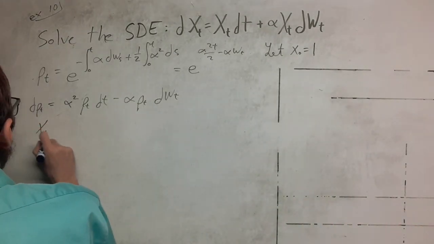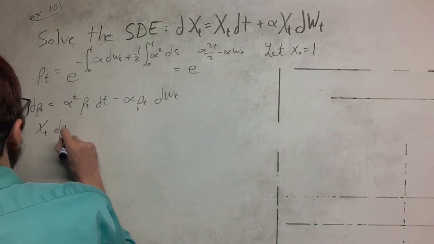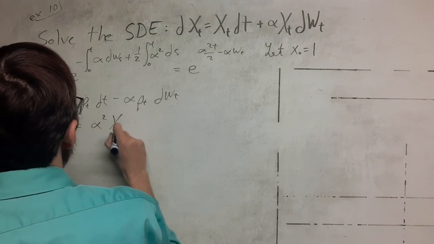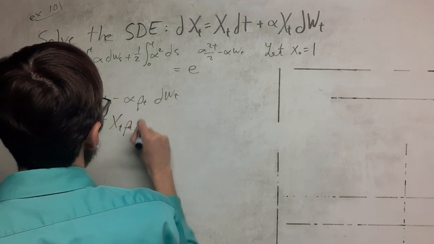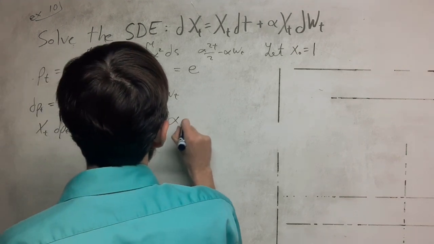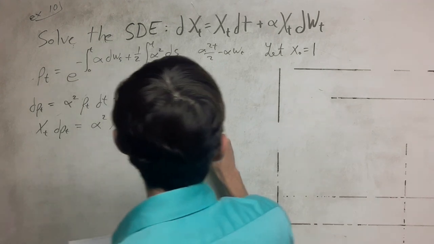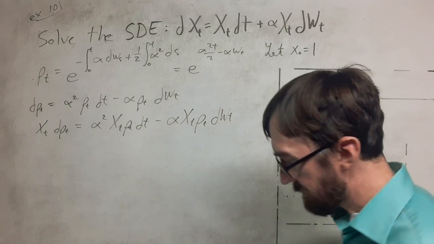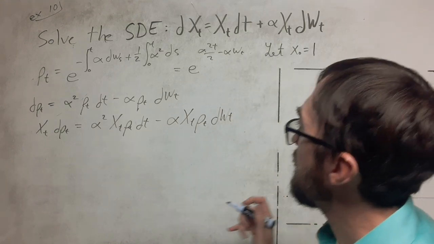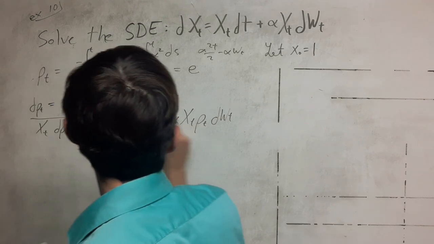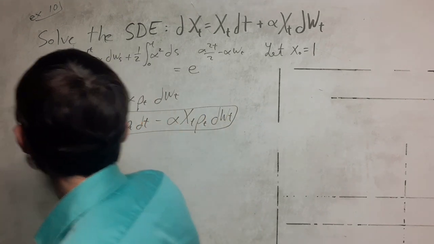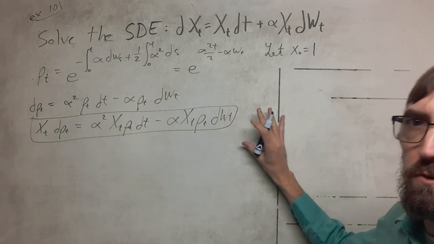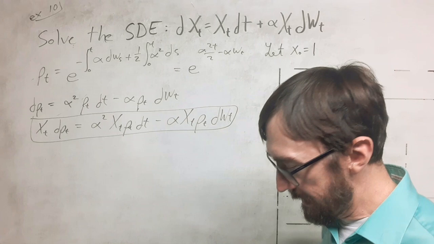So x sub t d rho t is going to be alpha squared x sub t rho sub t dt minus alpha x sub t rho sub t dWt. All right, this should be important later that we're going to want to reference because we'll use parts of some of these things for substitutions later in the calculation.